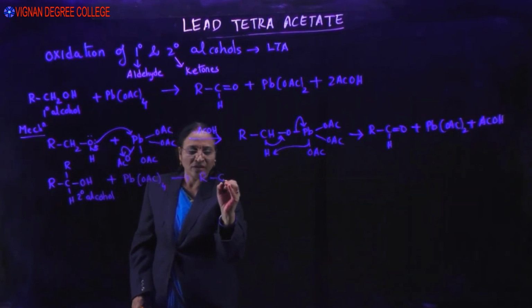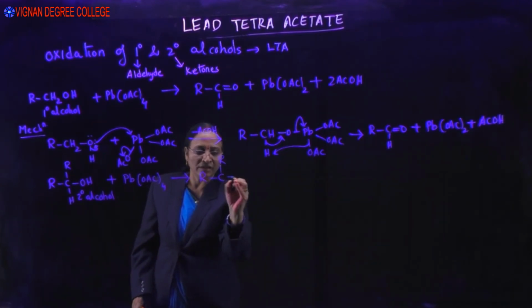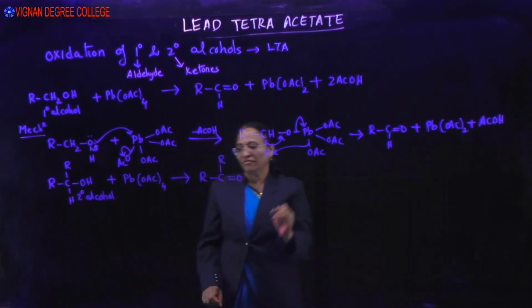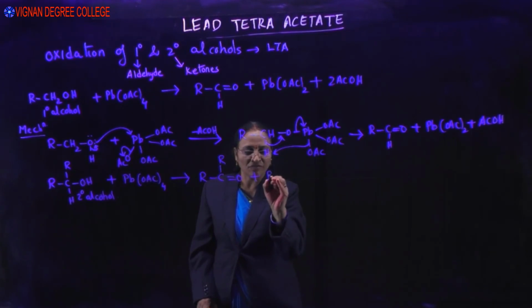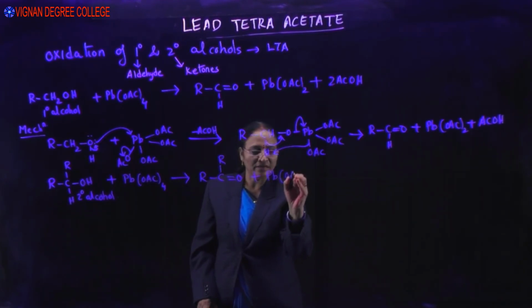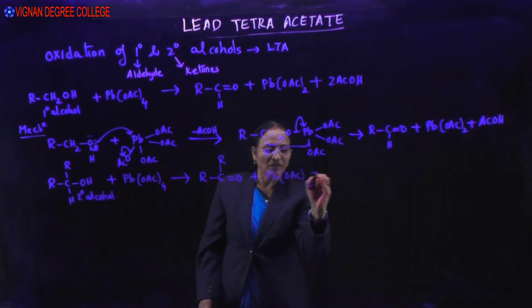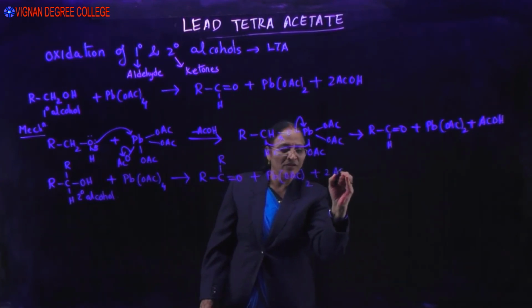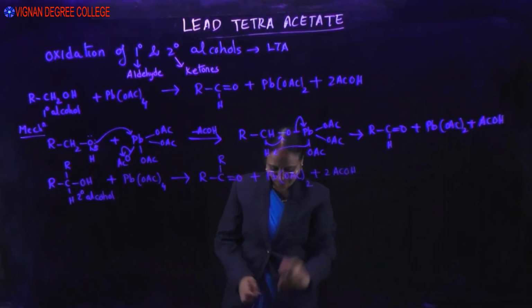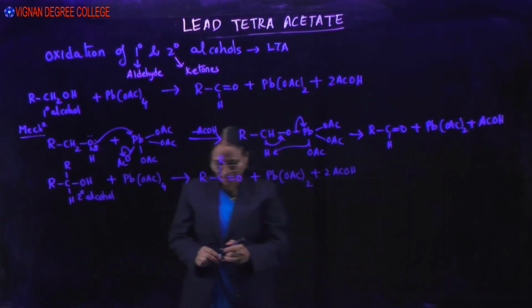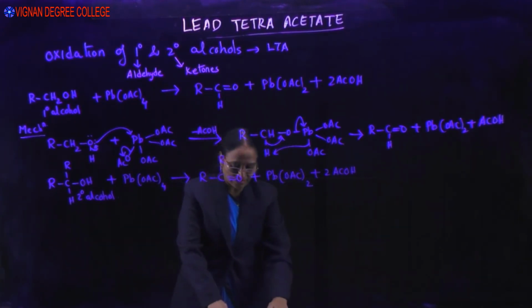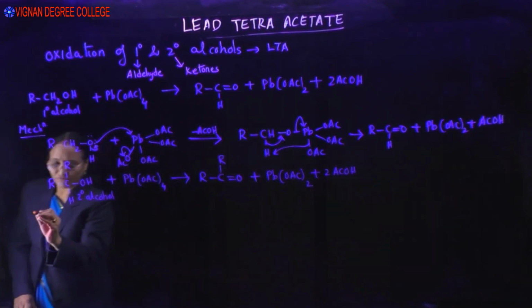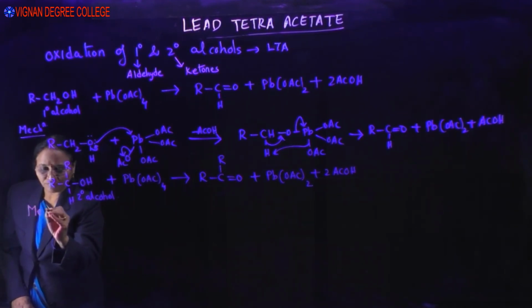Instead of an aldehyde, we will get a ketone with the formation of lead diacetate and 2 molecules of acetic acid. So let us see the mechanism of how the reaction occurs.